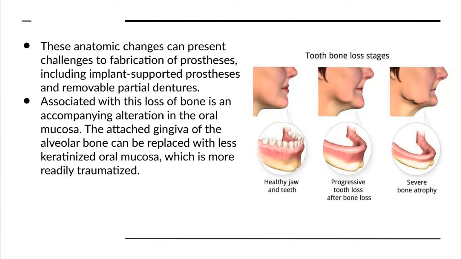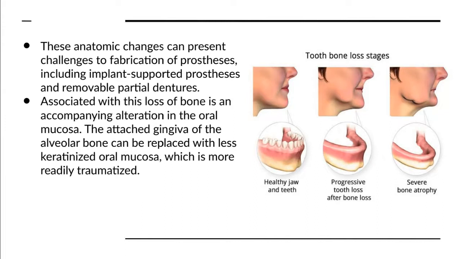And associated with this loss of bone is an accompanying alteration in the oral mucosa also. Even the oral mucosa is of three types. It is orthokeratinized, parakeratinized, and non-keratinized.